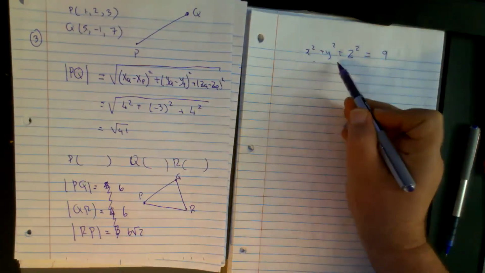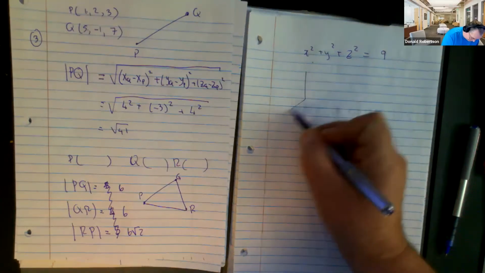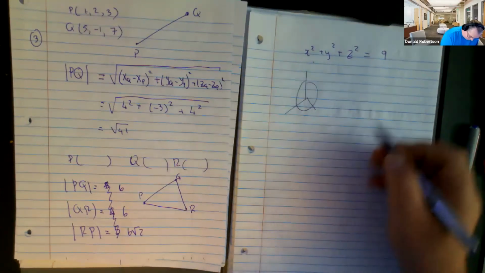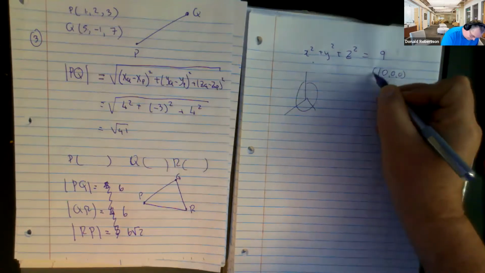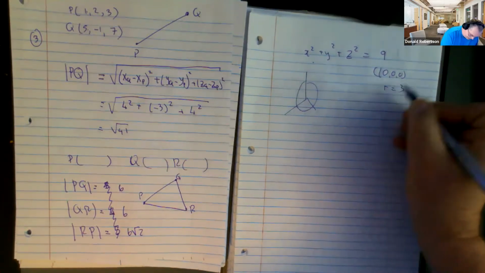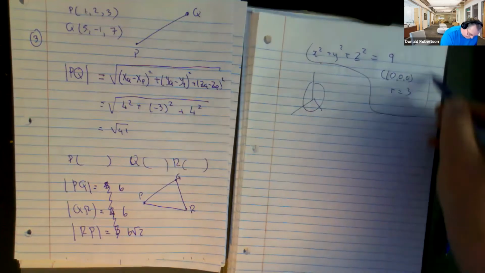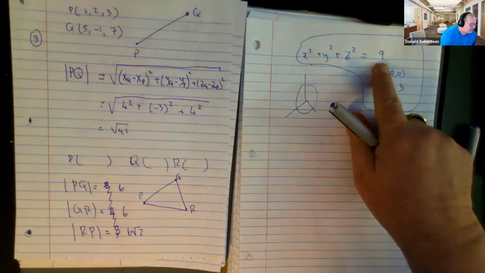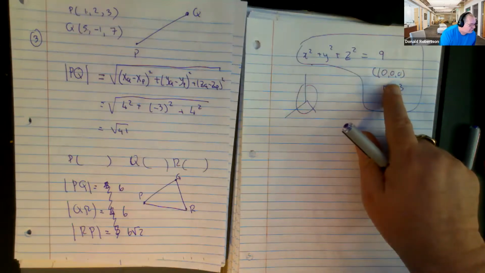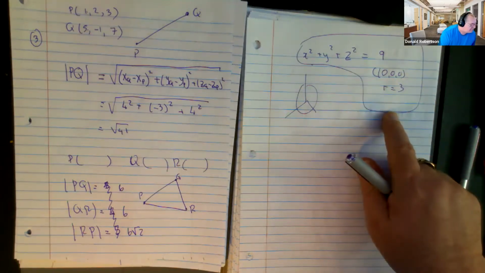X squared plus Y squared plus Z squared equals 9 is a sphere, with its center at the origin, and it has a radius of 3. Agreed? And if that was 25, wouldn't it still have its center at the origin, but its radius would be 5?